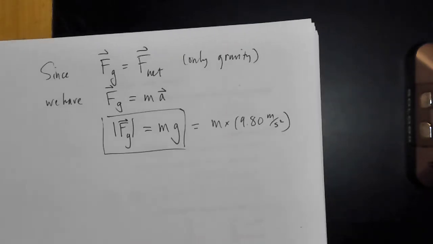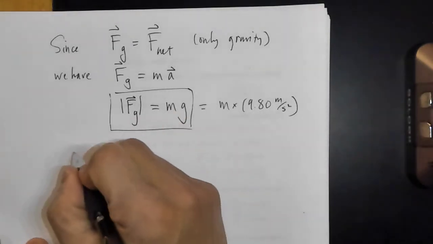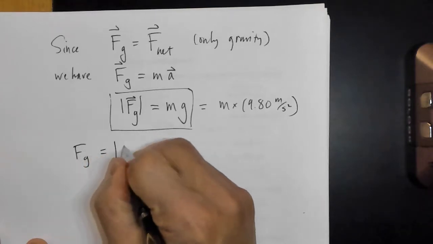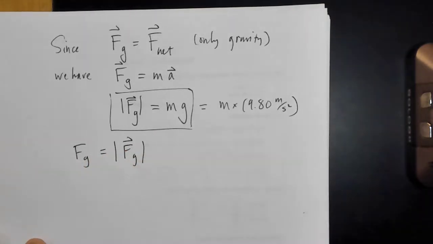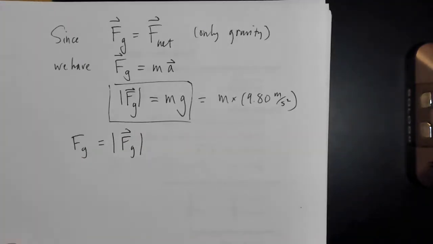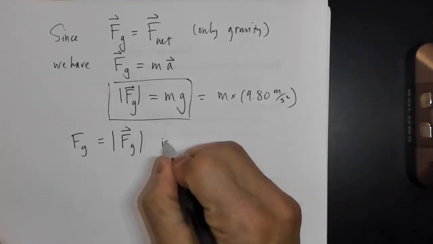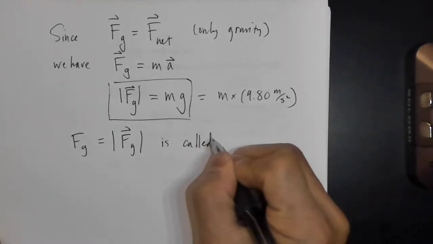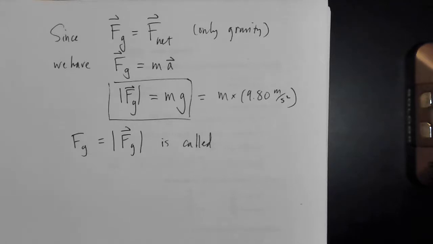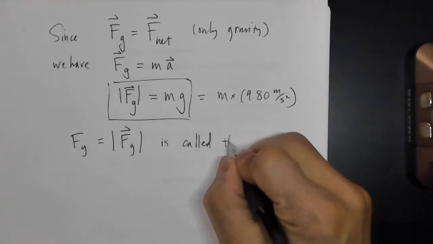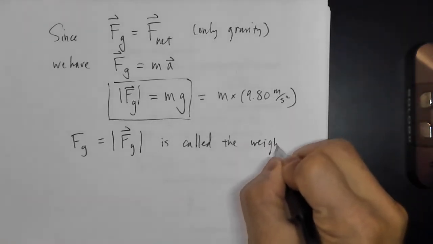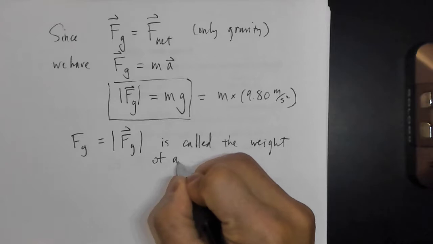All right, so this object, Fg, if I just write Fg, that will just mean the magnitude of the force of gravity. And this is called, guess what it's called? A word that starts with W. Yeah, it's weight, okay? So this is called the weight of an object.